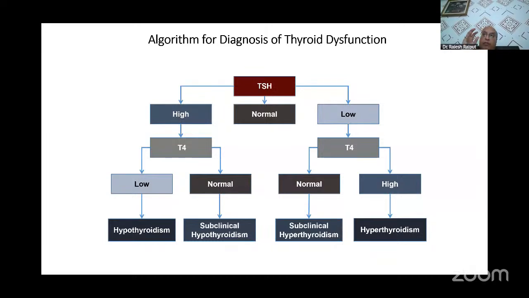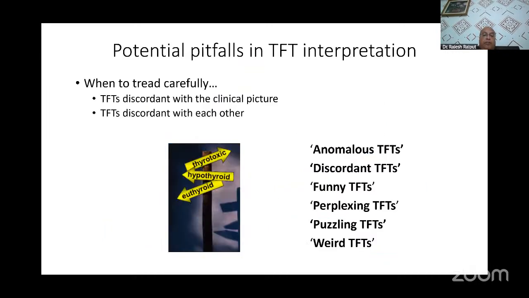But when the problem is at the level of the pituitary or hypothalamus, this algorithm does not hold true, because in that case, for hypothyroidism, T3 is low and TSH is also low, while the reverse happens for hyperthyroidism. So this is a simplistic view to make you understand how we diagnose the majority of routine cases as hypo or hyper, or subclinical hypothyroidism and subclinical hyperthyroidism.